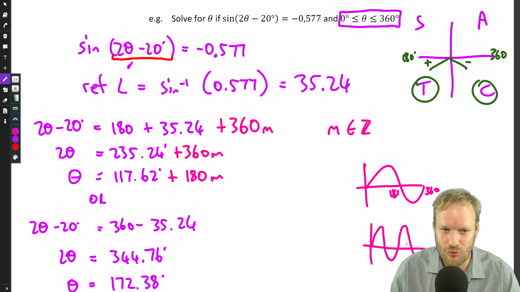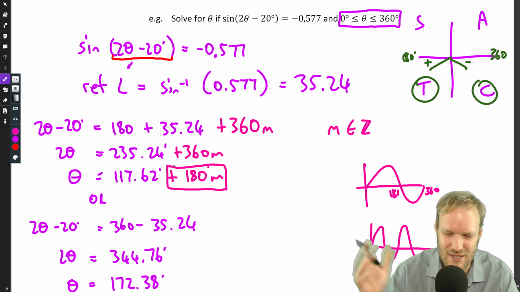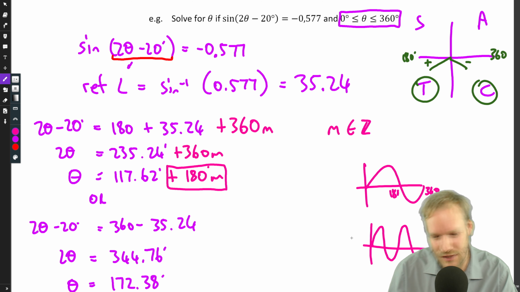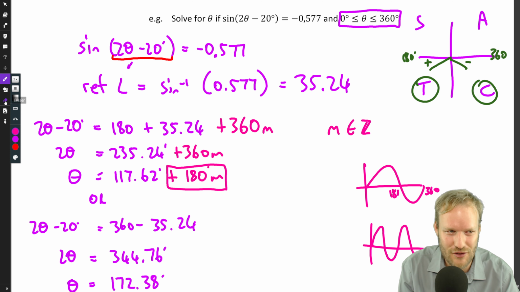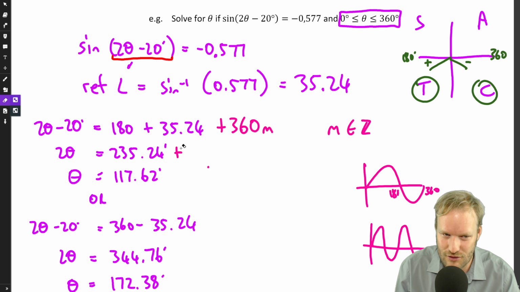In other words, it would be repeating every 180 degrees, which is reinforced by this plus 180. So just other things we can start seeing and thinking about as that sine wave disappears behind me. Okay, so those are things to think about, and we'll do it in the second solution as well. It didn't ask for the general solution, so we can just leave it like that.